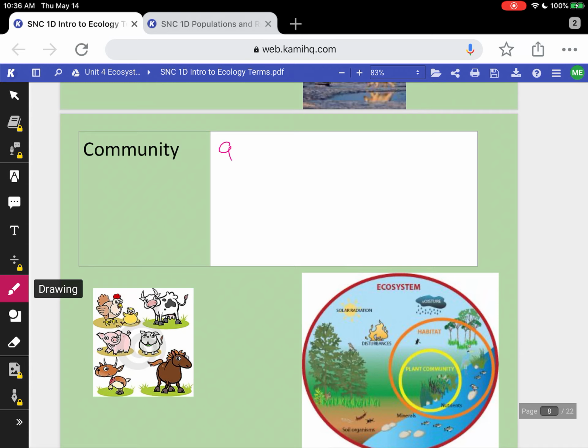Okay, and then a community is a group of living things. So again, this is a group of living things, all living in the same area. But these do not have to be the same species. So an example could be on the farm.